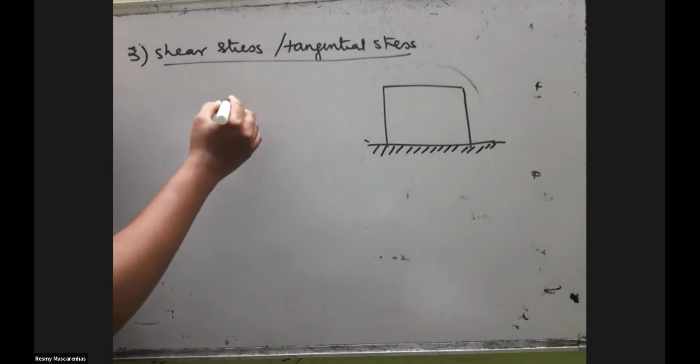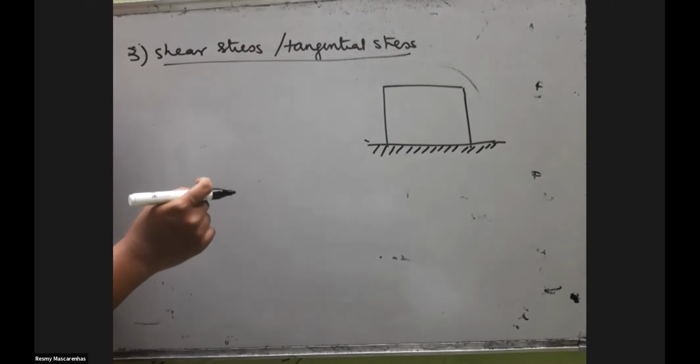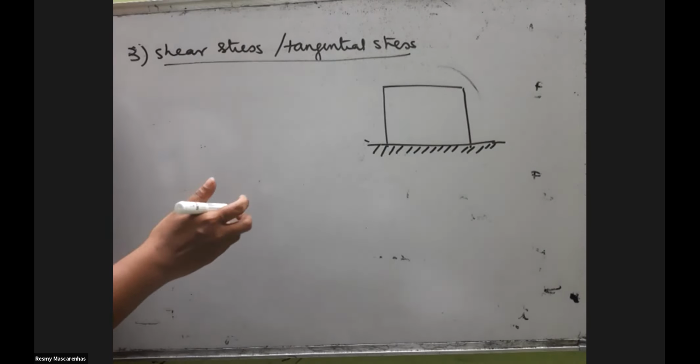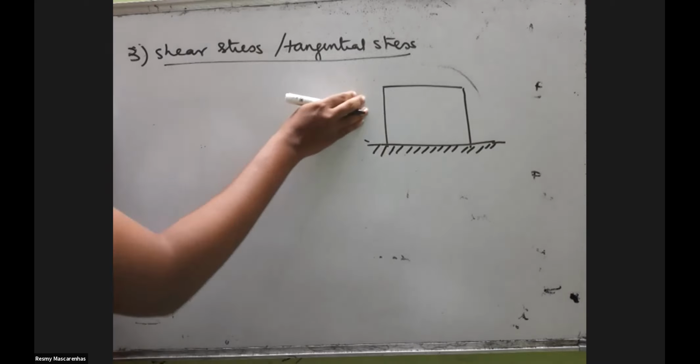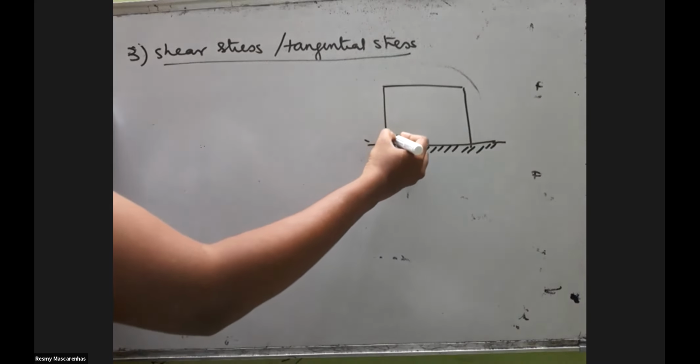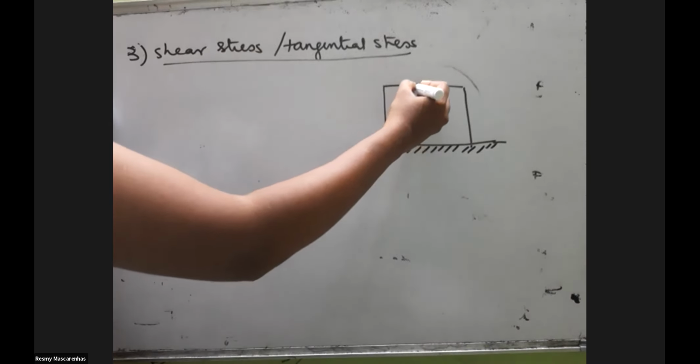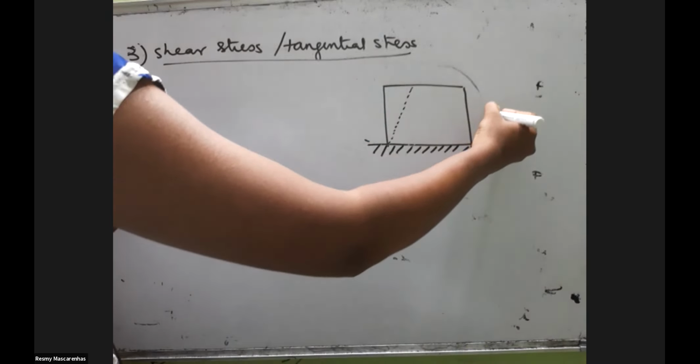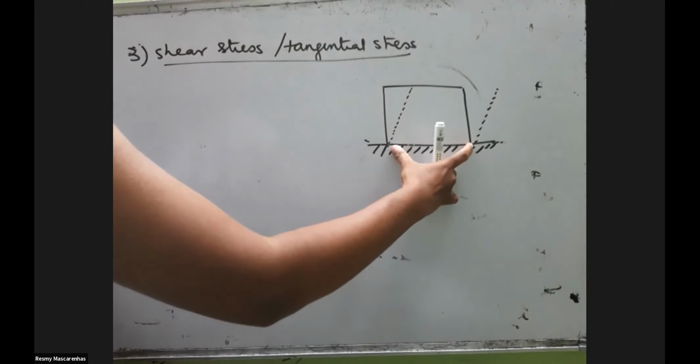But now you are applying some force. If you are applying some force on this, pushing this, what will happen? Only the top part will try to move. This face will remain fixed only.